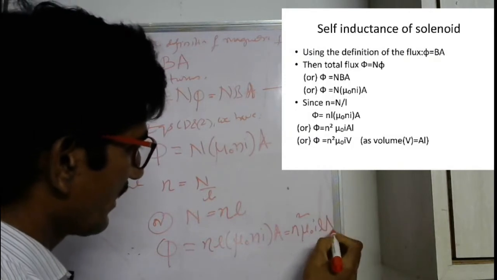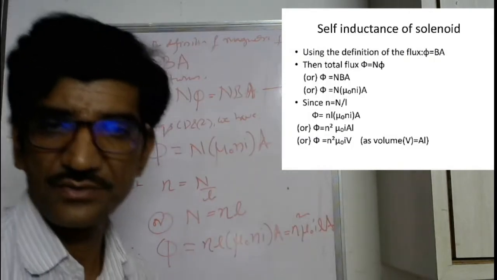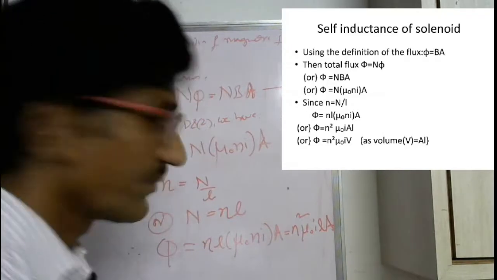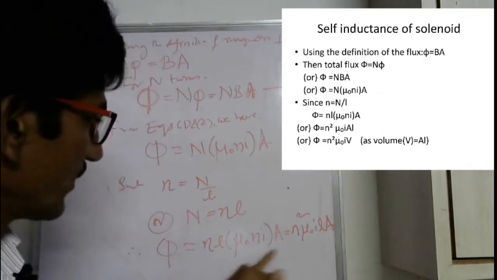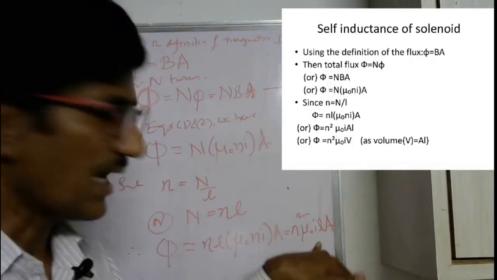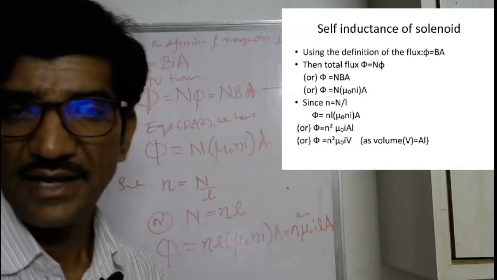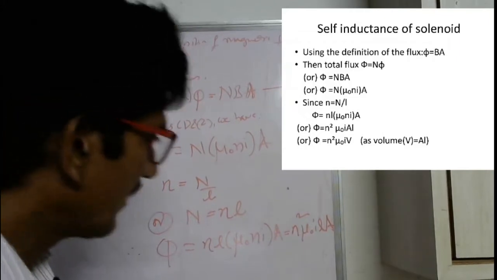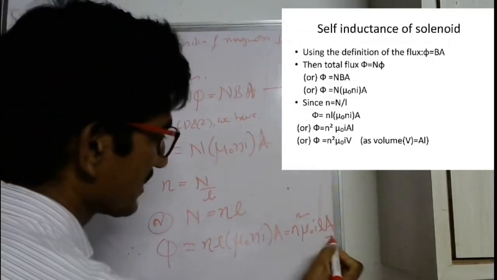So you have n squared mu naught I l A. But what is this?